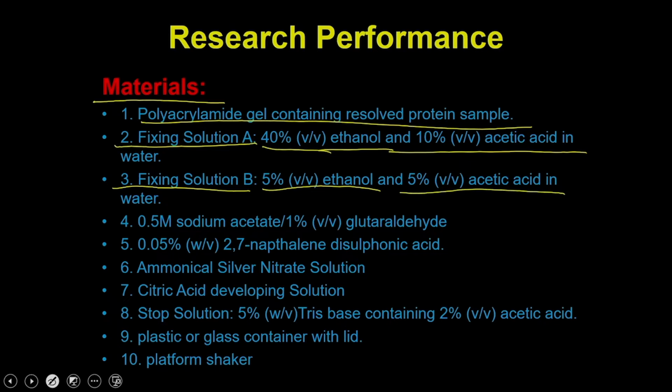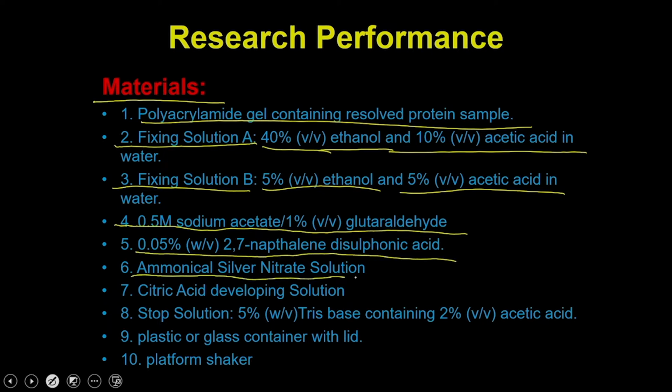Then you require 0.5 molar sodium acetate in 1% glutaraldehyde, and then 0.05% naphthalene sulfonic acid, and then the ammonium silver nitrate solution, citric acid developing solution, and ultimately the stop solution.